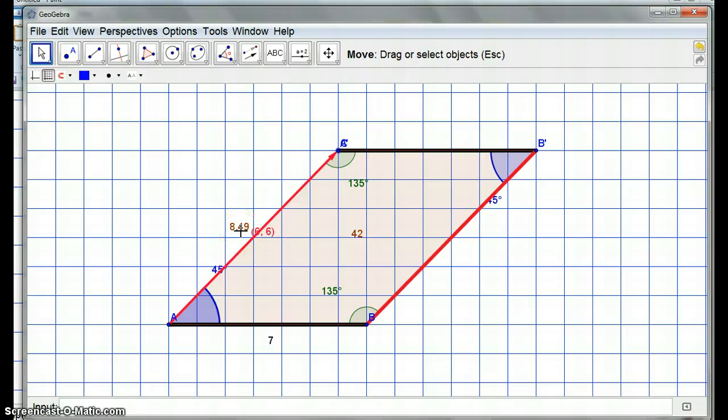So what do we need if we've been given a parallelogram to work out the area? What other information do we need to get the 42?